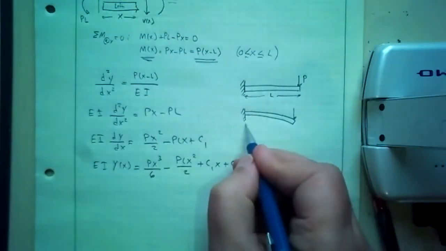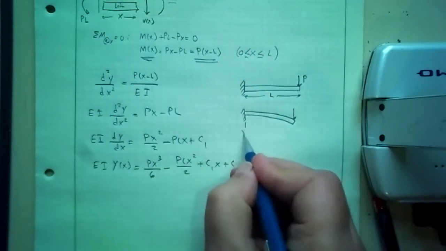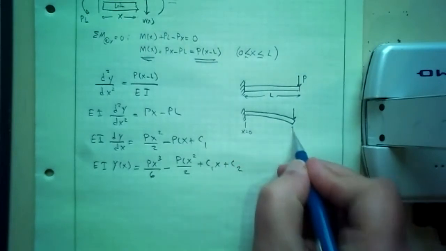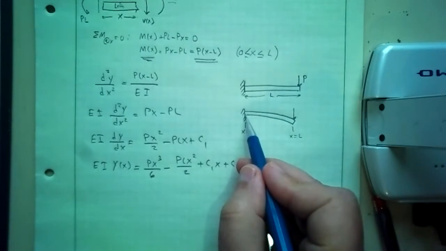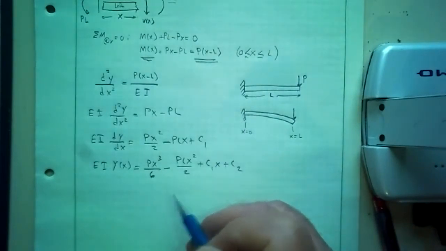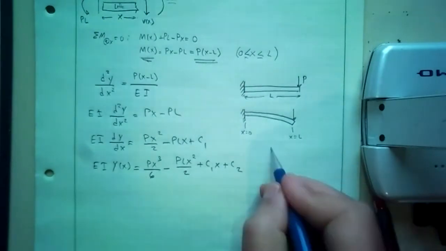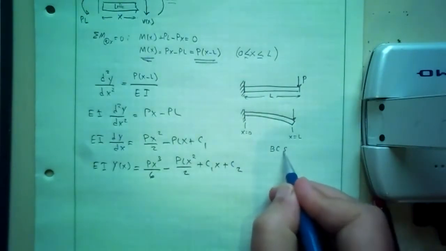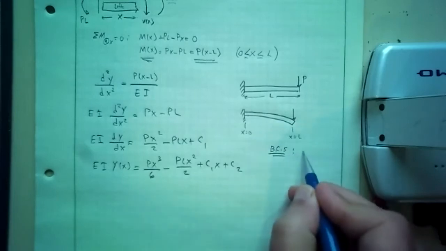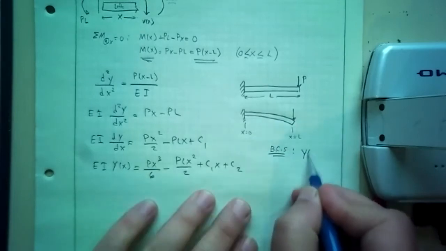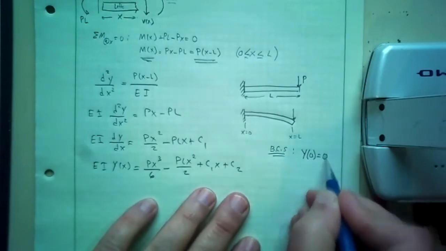So this location is at x equal to 0. This location is at x equal to L, right? Notice that it does not deflect at x equal to 0. So I can write the boundary conditions that the deflection at x equal to 0 is 0.